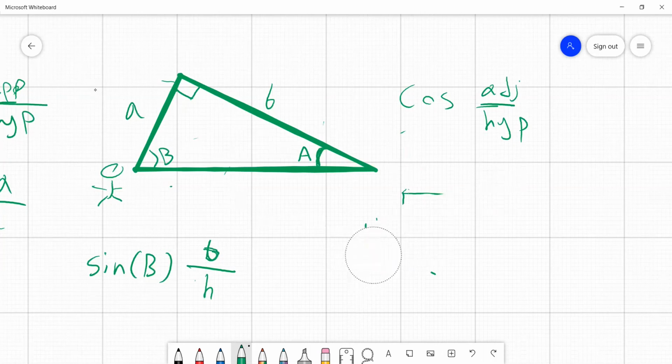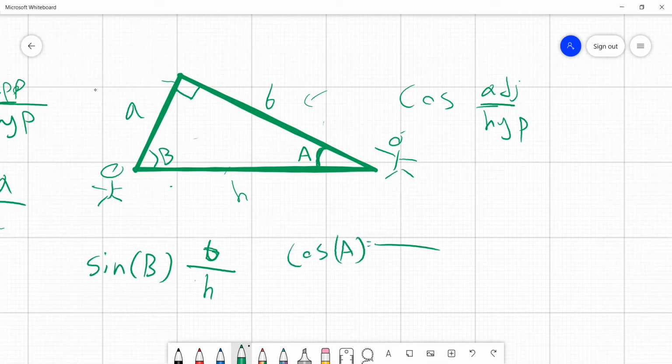So again, it's about perspective. If we stand here behind A and look, what's the adjacent side to A? It's actually side b. That's the adjacent side, right? That's the hypotenuse. So if you were to write the cosine of A, that would equal side b over hypotenuse, right? Adjacent over hypotenuse.